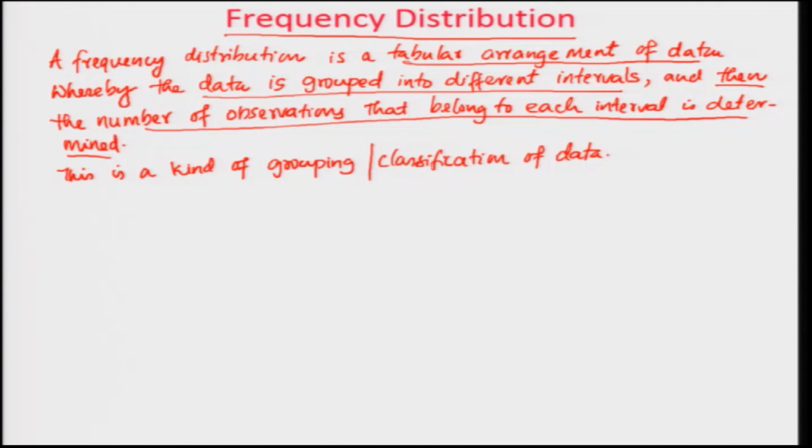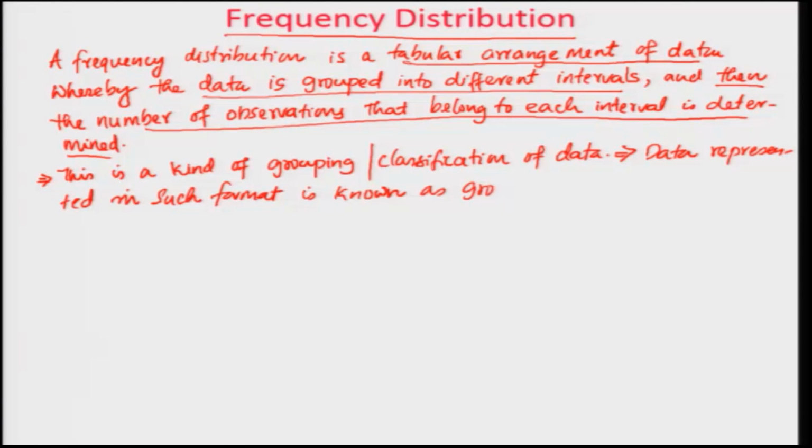Data represented in such a format is known as grouped data. So, we are talking about a classification or grouping of data, and hence if you do this, when you use different intervals, grouping data into different intervals, then such data is called grouped data.